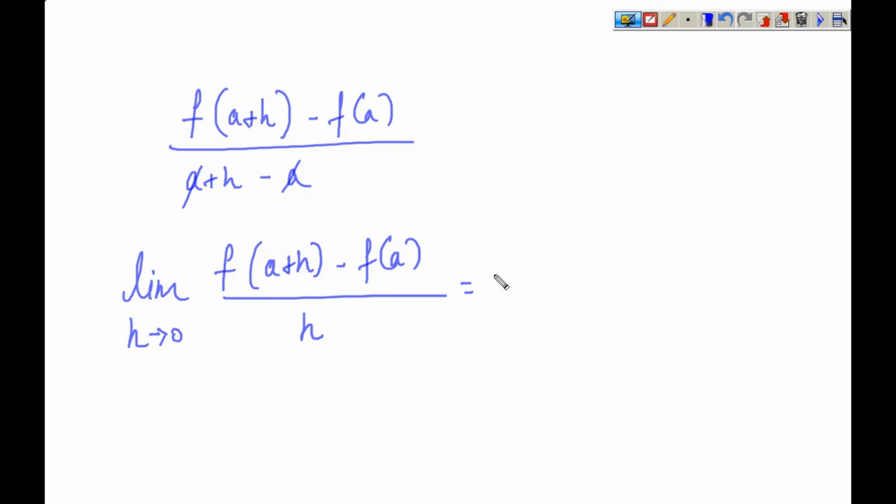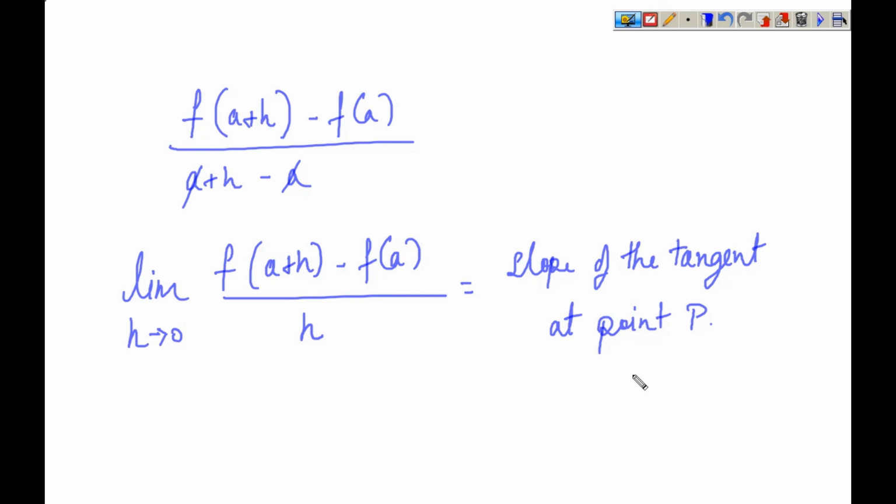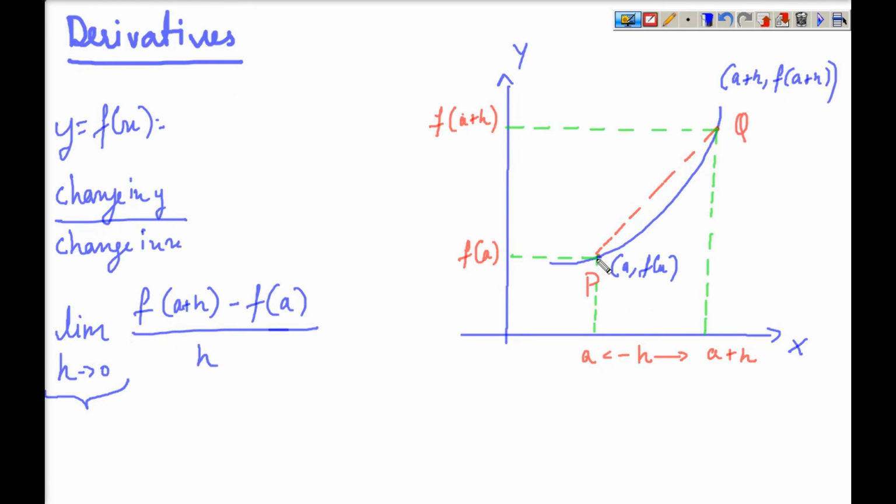Or I can write it as equal to the slope of the tangent at point P. Now we can understand what the mathematical formula says, and that's why we are applying the limit here. It is just equal to the slope of the tangent at point P, which gives us the derivative of the function at point P, or we can say at a.